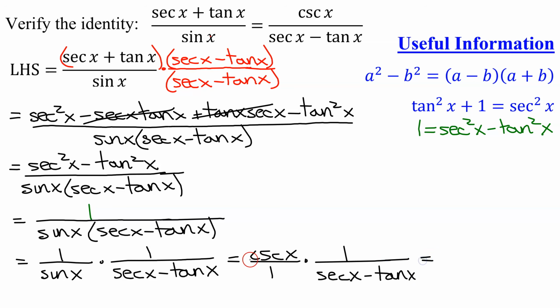And last step, multiplying fractions, cosecant x times 1 is cosecant x, all divided by 1 times my binomial. So I'm just going to get secant x minus tangent x. And is this my right-hand side? Yes. So I have shown that the left-hand side equals the right-hand side. So I have verified my identity.